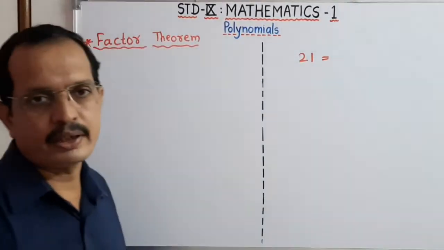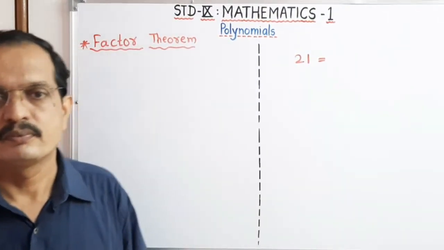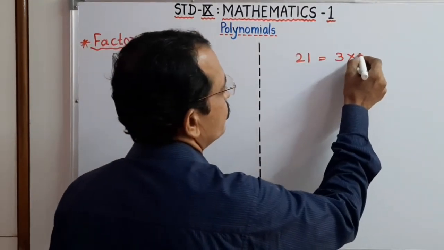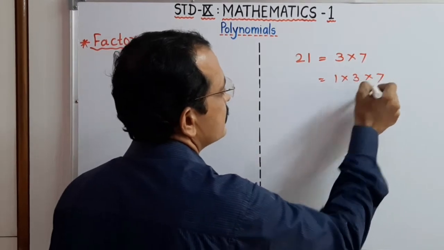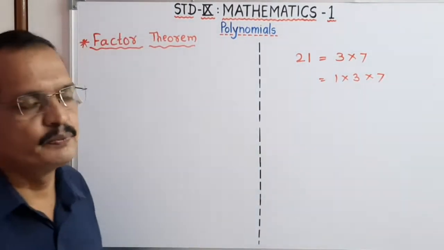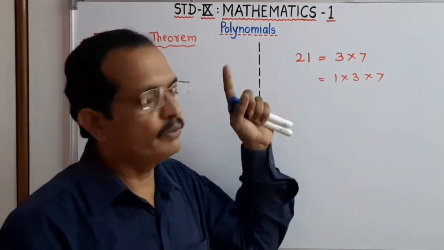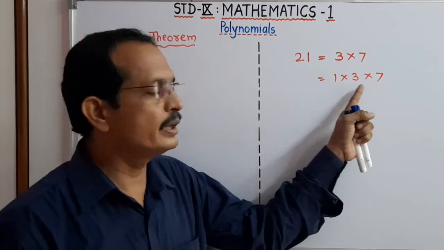Now tell me the prime factors of this 21. It is divisible by 3, 3 into 7, therefore 1 into 3 into 7. That means this 21 has the factors 1, 3 and 7.